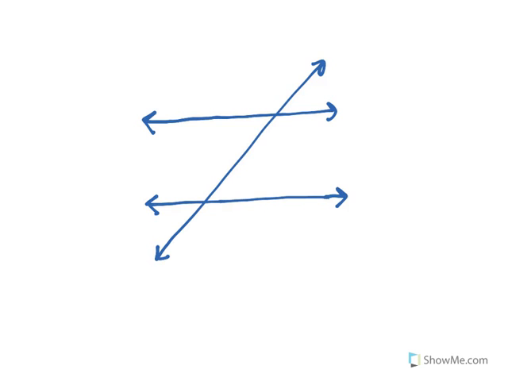So we're going to cross over these two parallel lines, and this is called a transversal, for terminology purposes. And these two lines are parallel.